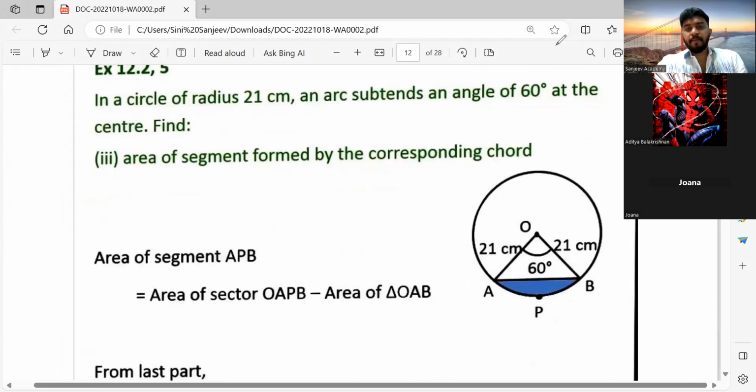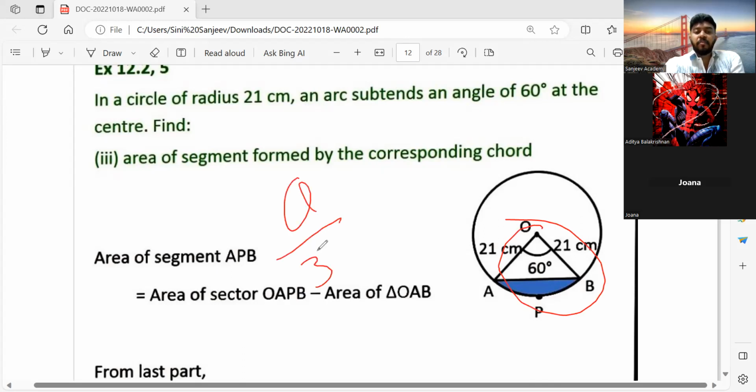See, again the same type of question is coming. In a circle of radius 21 centimeter, the arc subtends an angle of 60 degree at the center. Find the area of the segment formed by the corresponding chord. We already discussed this. This is basically finding the area of the segment. Theta by 360 into pi r square. Pi into r square is 21 square, that is 441.